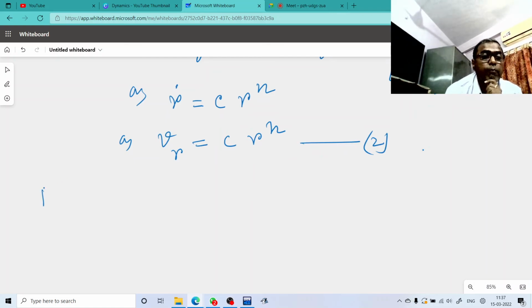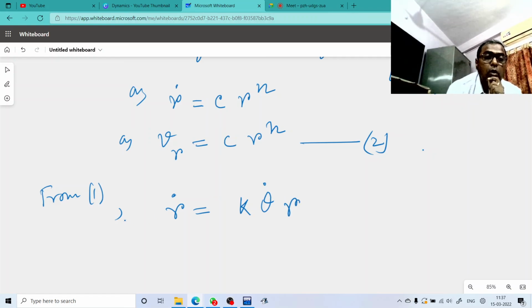Now from 1, r dot equals k into theta dot into r, or c into r to the power n equals k into theta dot into r.